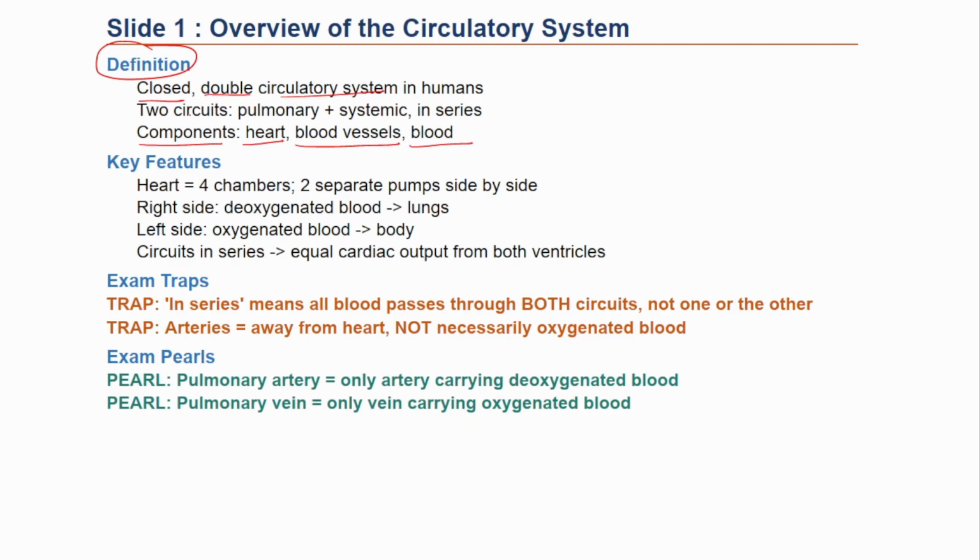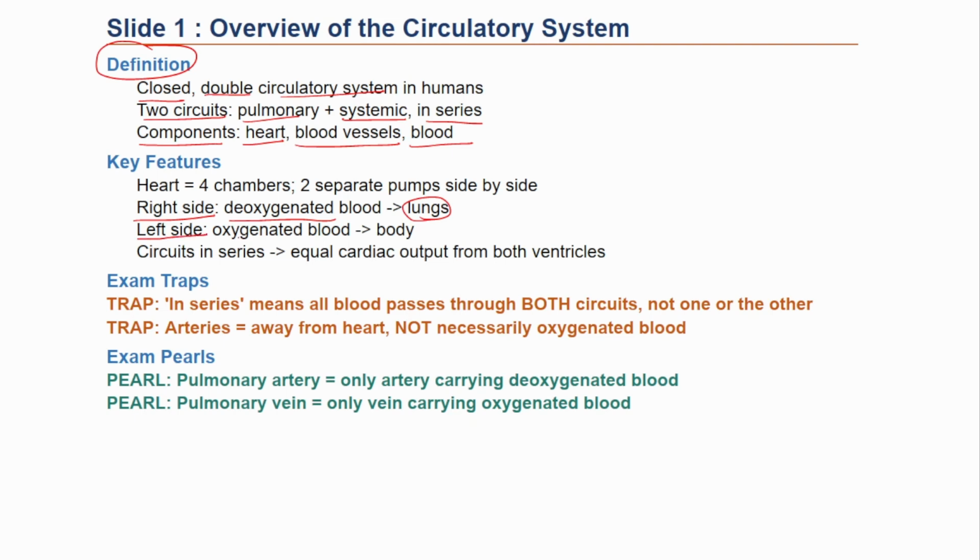The system is divided into two distinct anatomical circuits, arranged sequentially in series, the pulmonary circuit and the systemic circuit. The right side of the heart contains chambers dedicated to receiving deoxygenated blood from the systemic tissues and pumping it directly toward the lungs for gas exchange.